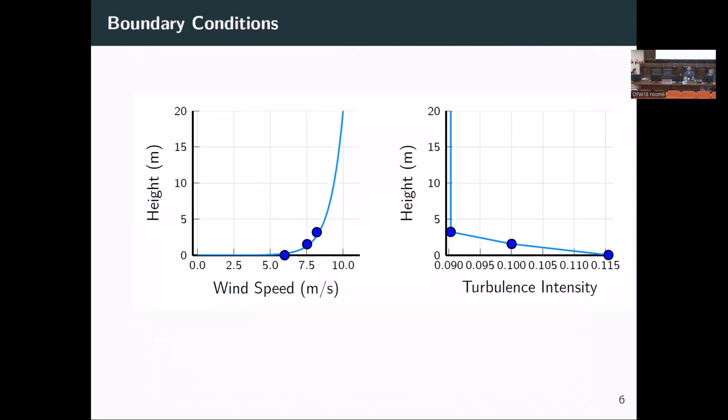However, assuming a log layer at the inlet is a good assumption since we're operating off a maritime boundary condition. Turbulence information is a little more unknown, so we've just extended the measured points that we have up into the atmosphere, and we're able to calculate the turbulence inlet quantities from these measurements.